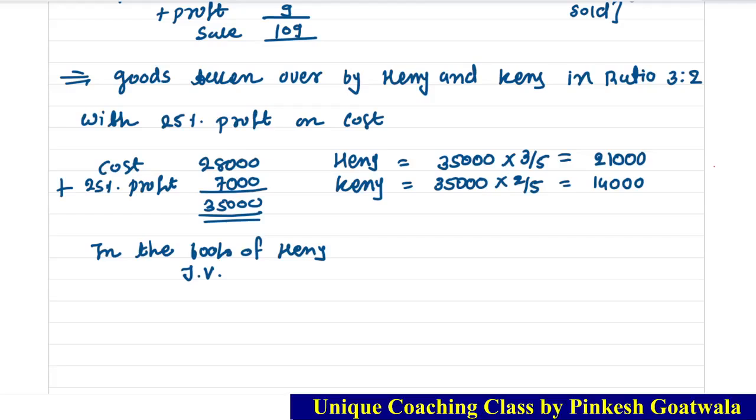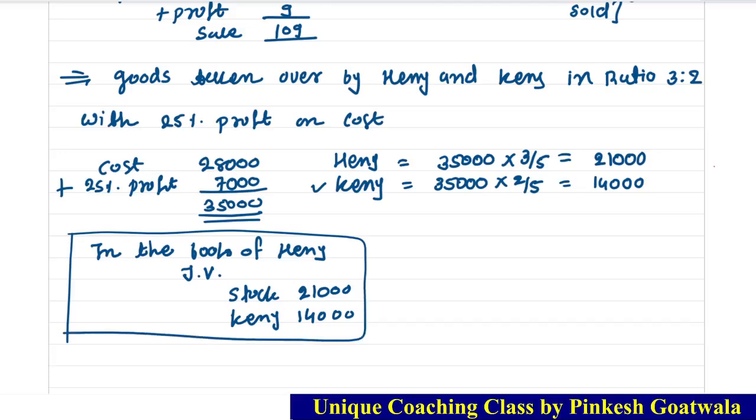If Henny takes the goods, we write Stock. And if it is taken by Kenny, we write Kenny. This entry will be given in the books of Henny in joint venture.